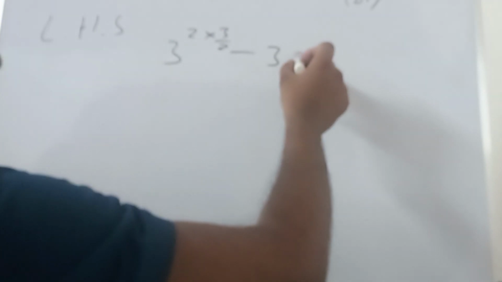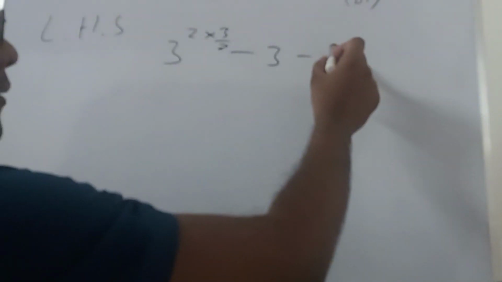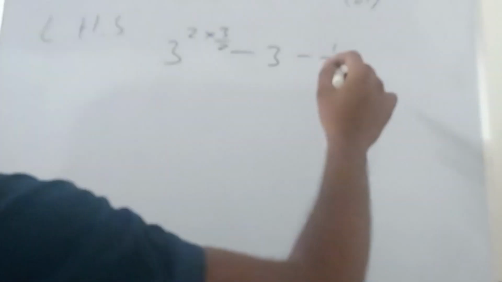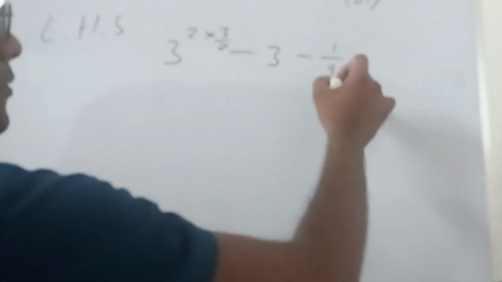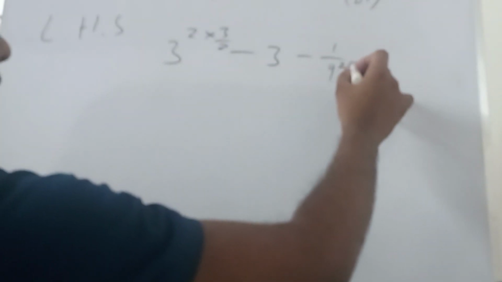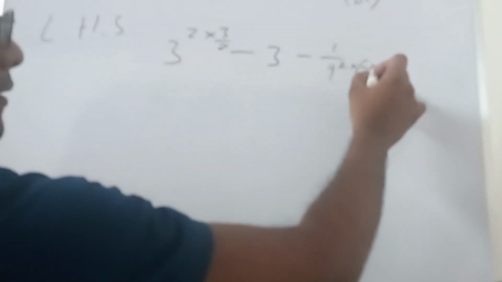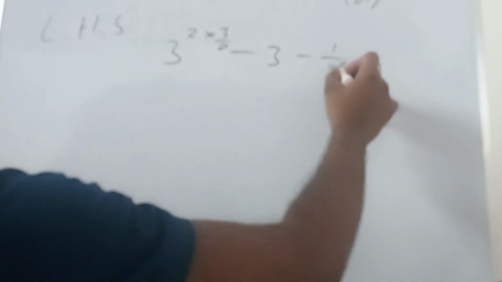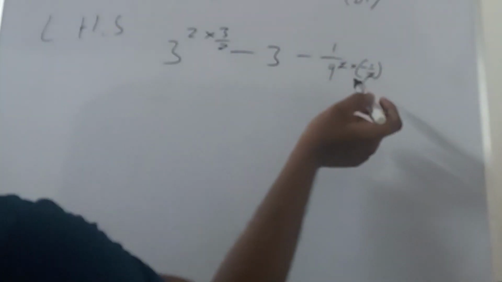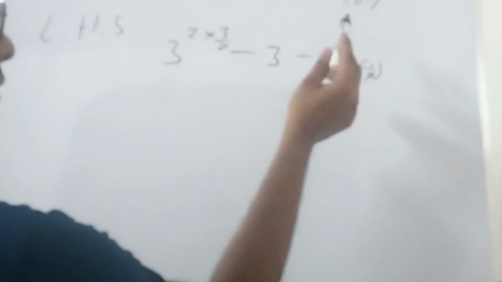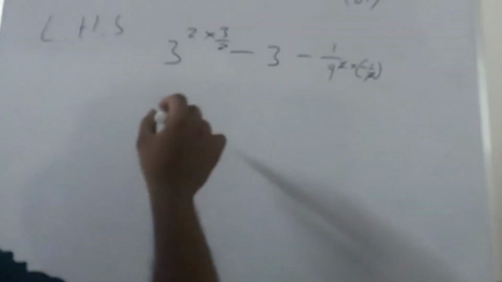So minus 3 minus 81 can be written as 1 by 9 square. So 9 square, and that gets multiplied over here by minus half. So 2 gets cancelled. So this is 9 raised to the power minus 1. If I bring it to the numerator, it will be plus 1.